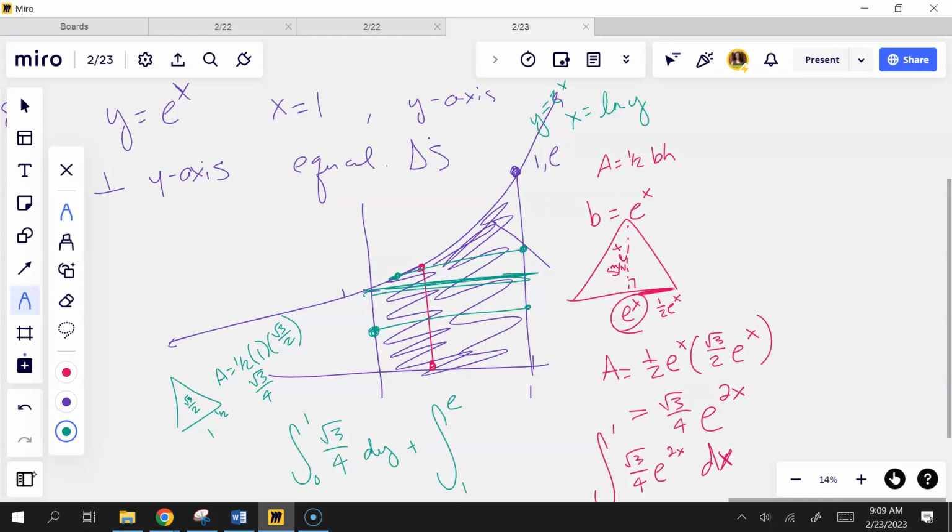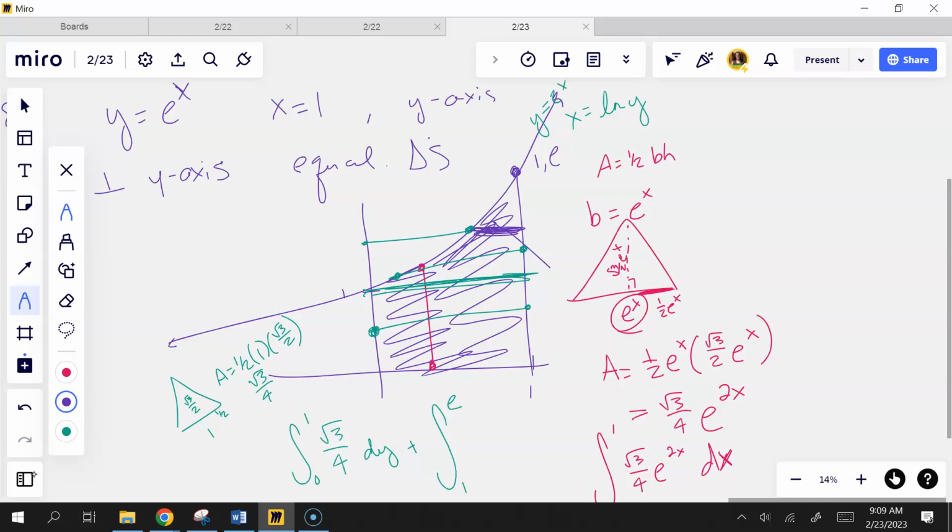I think I messed up on that one. Don't follow me on that one, I was jotting really quick. So here, oh, here's y, Alex, here's y. From here to here would be natural log of y, right? But I need this, right?